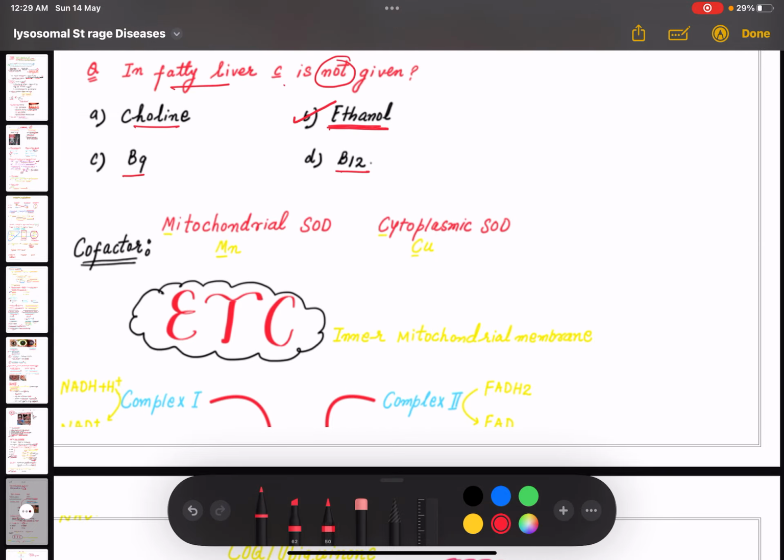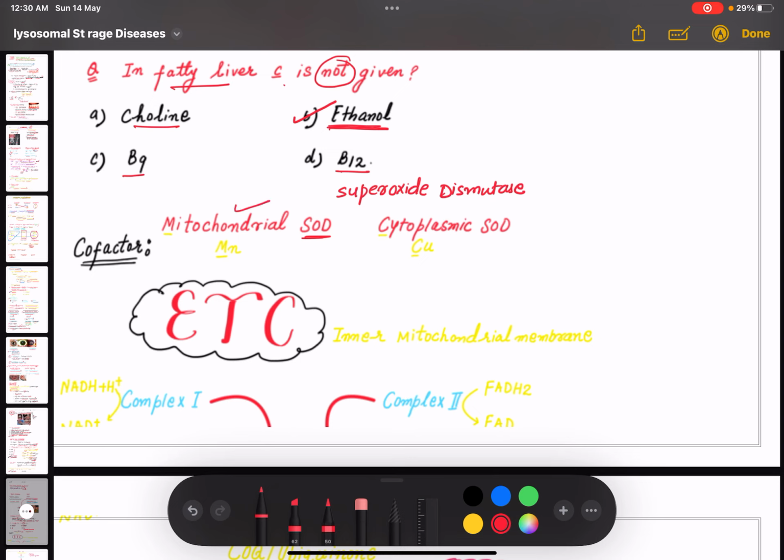Also remember that there is an enzyme known as superoxide dismutase, SOD.